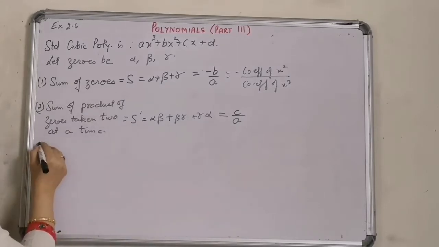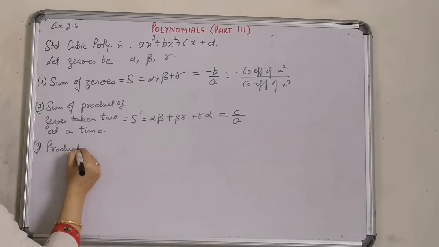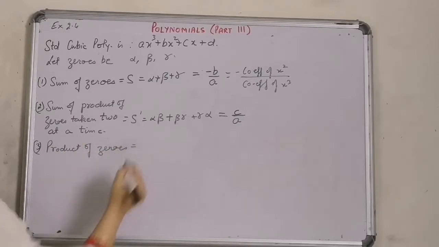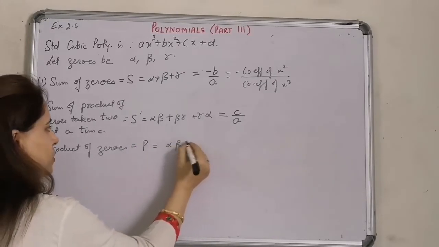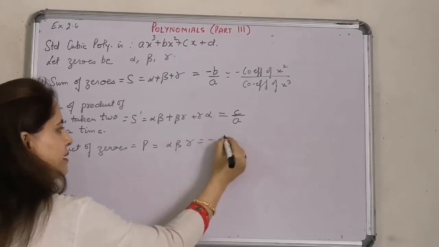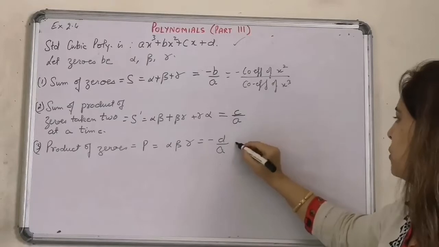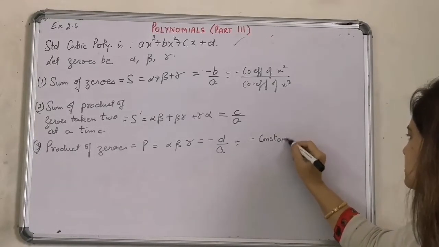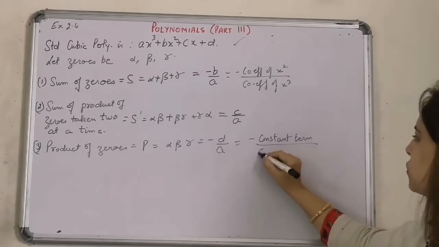The third relationship is with the product of zeros. Product of zeros, let us denote it by P, and this is alpha into beta into gamma, and this is equal to minus d upon a. So as you can see, compare it with the standard polynomial, d is the constant term and a is the coefficient of x cube.